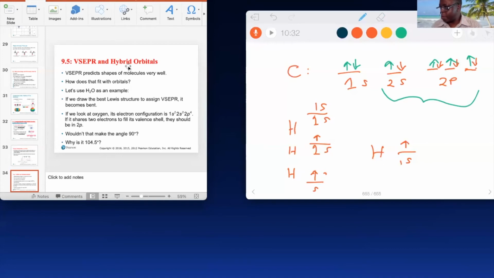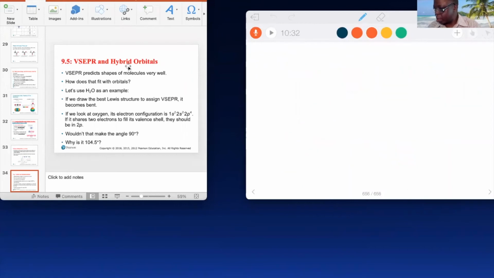We use the lone electron in hydrogen to pair up with the hybrid. If you look at this, we have now mixed the 2s and the 2p.